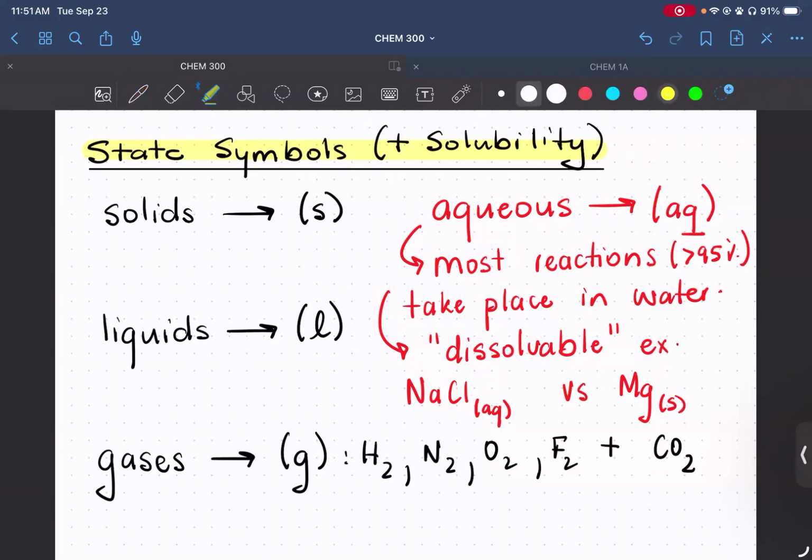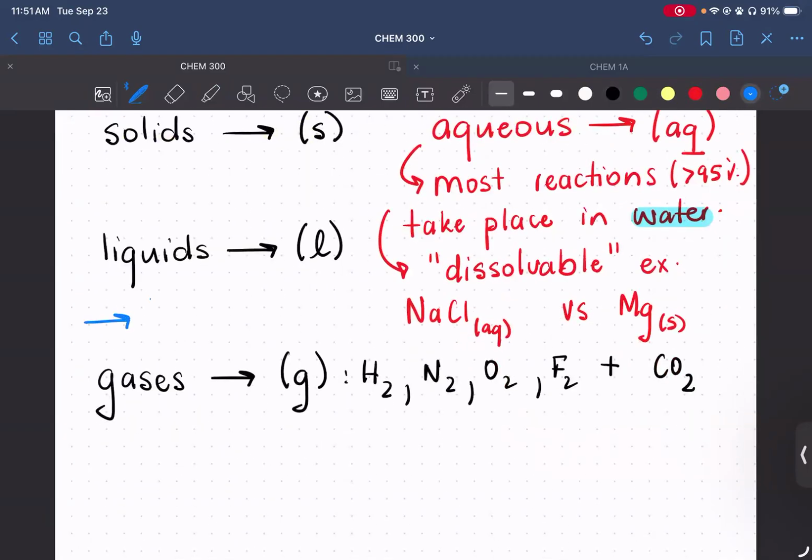Since water takes up such an important part of this chemistry, water is not defined as aqueous because water can't be dissolved in water. Water is given the state symbol L as in liquid.